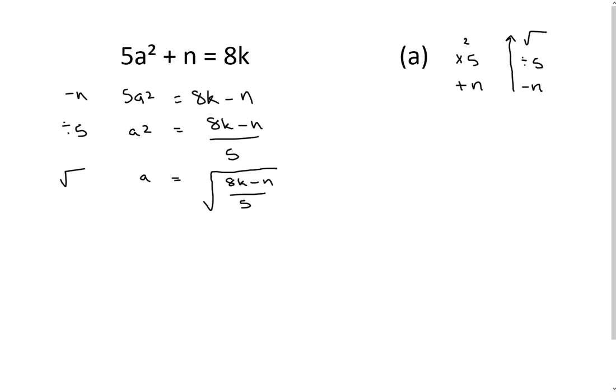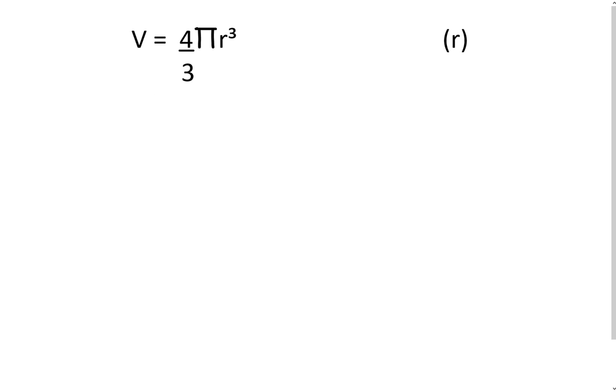Okay, next one. The volume of a sphere, sorry, V equals 4/3 pi r cubed. Okay, we're making r the subject. In part 2, you remember I said if it was 4/3, then just keep the 3 at the bottom and the 4 at the top.